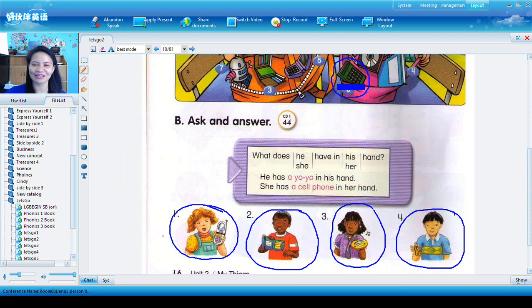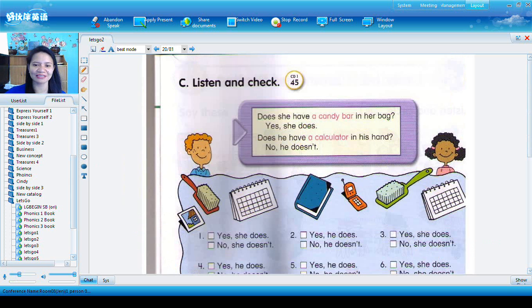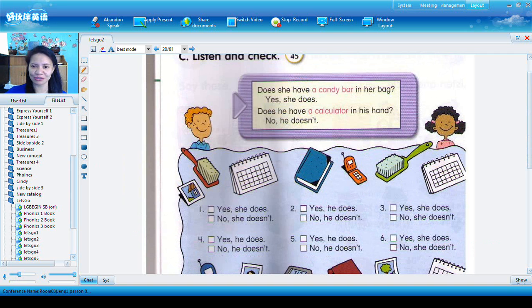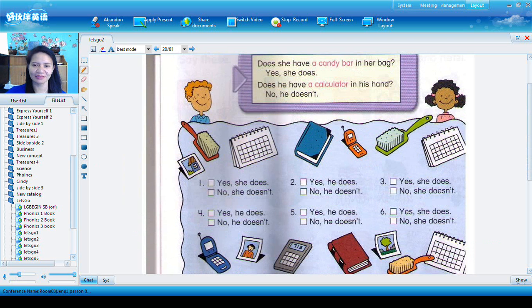Very nice. Now let's move and talk about the next part of our lesson. This time, I'd like to ask you a question about what does he or she have. Now, these things belong to this boy.